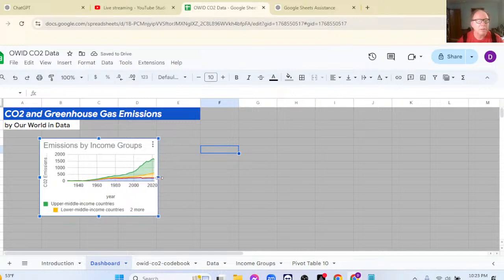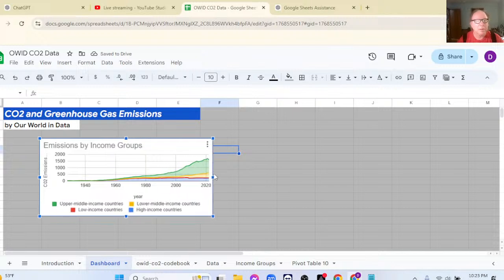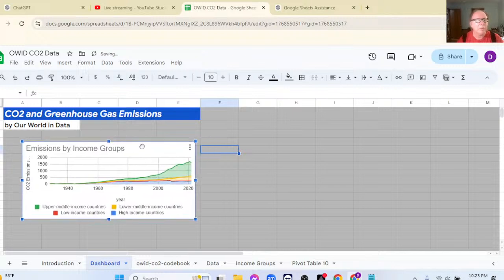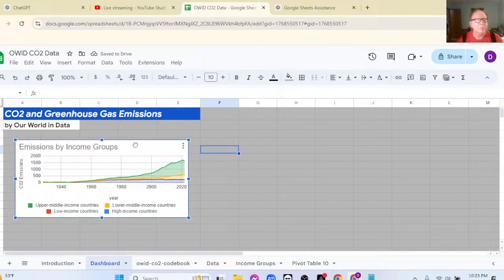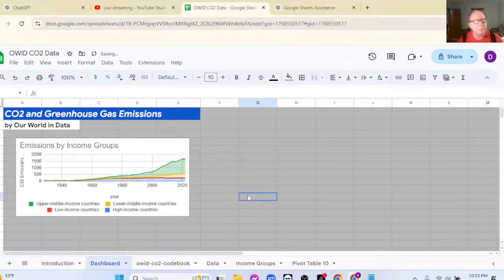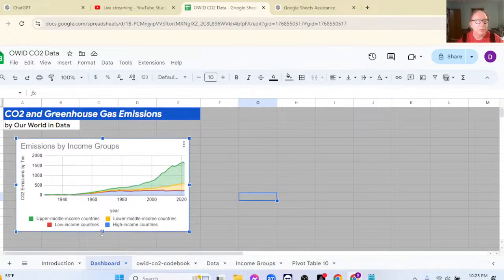Not really, is it? That's about the size we're looking for there. Maybe we need to make it a little taller also. What do you think? There we go. Okay, so that's our first plot.